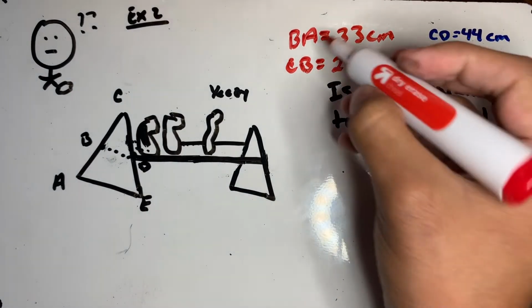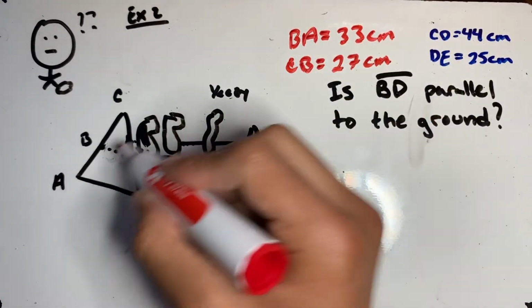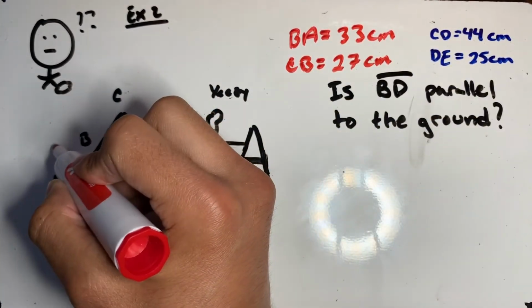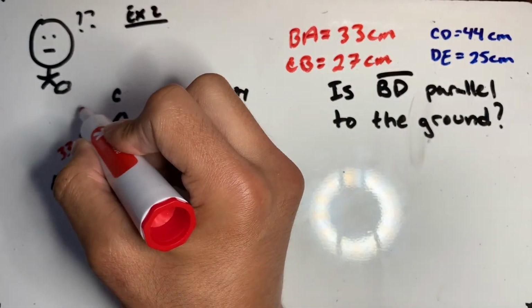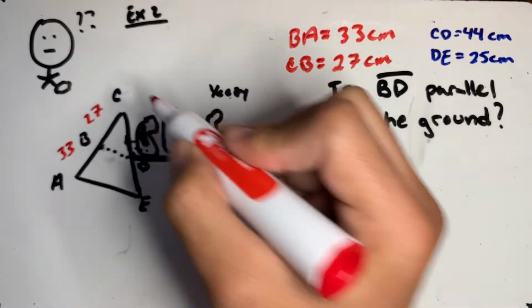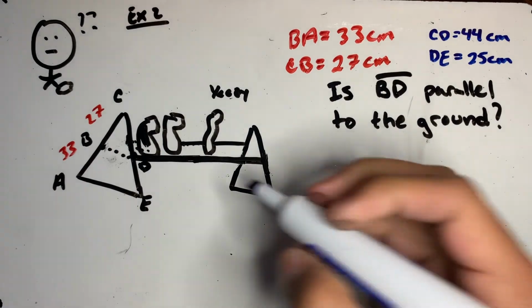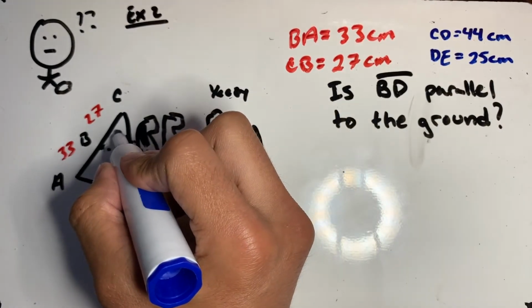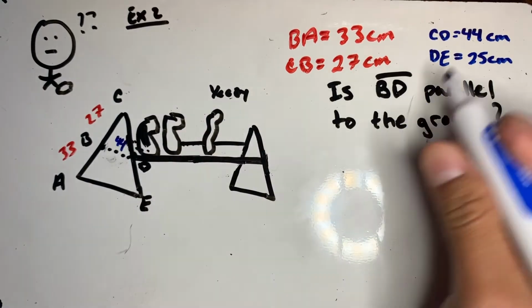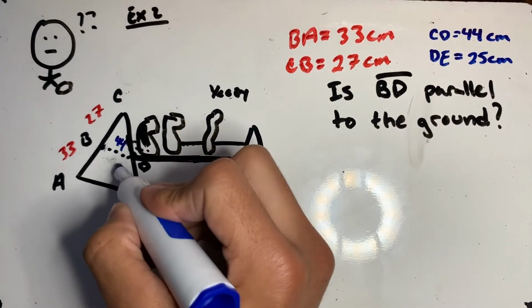So he's going to go about this so they know. We know that BA is 33 centimeters. We know CB is 27 centimeters. And then we know CD is 44 centimeters, and DE is 25.